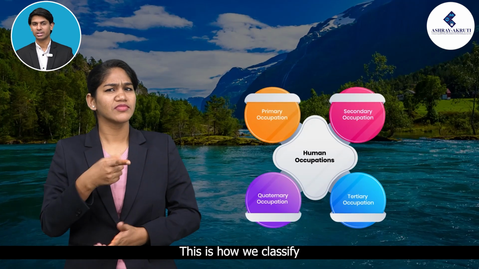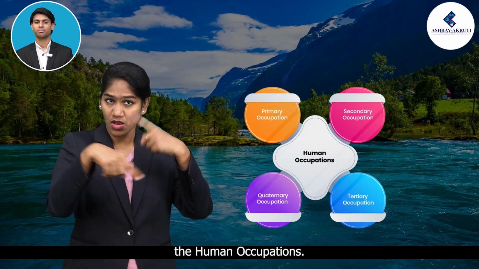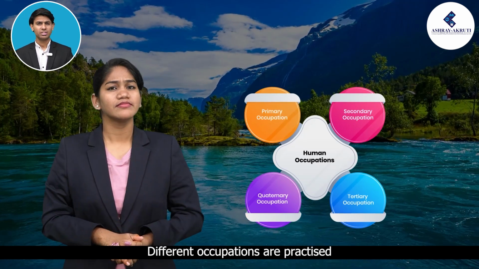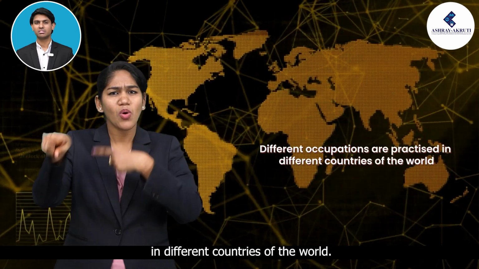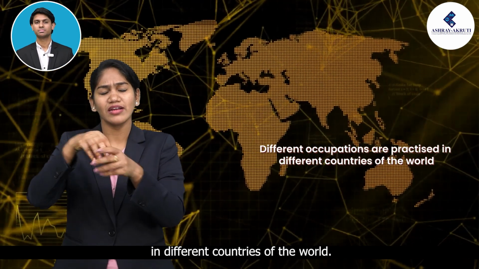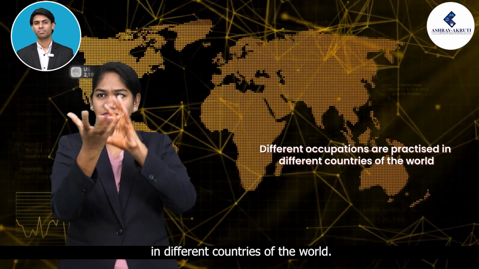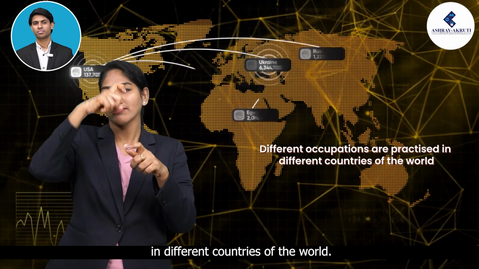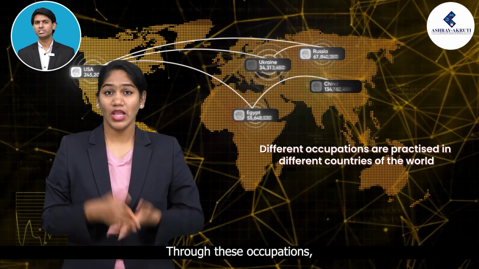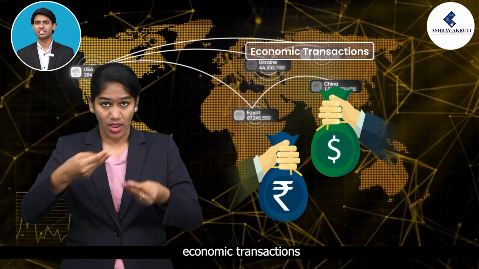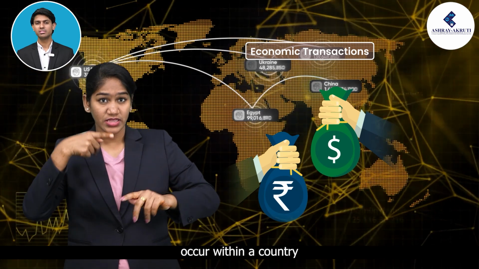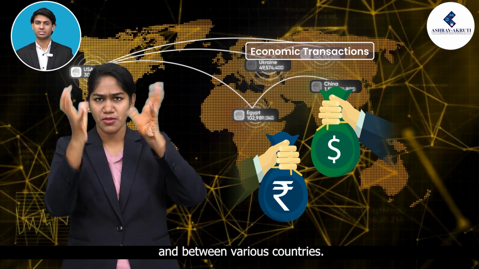This is how we classify the human occupations. Different occupations are practiced in different countries of the world. Through these occupations, economic transactions occur within a country and between various countries.